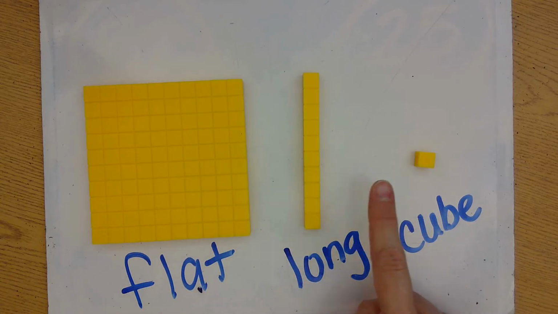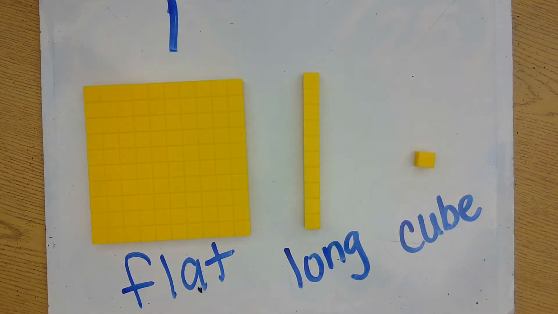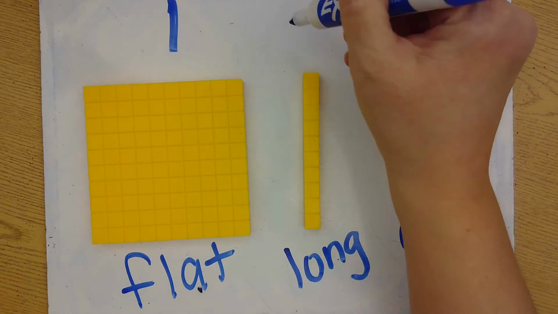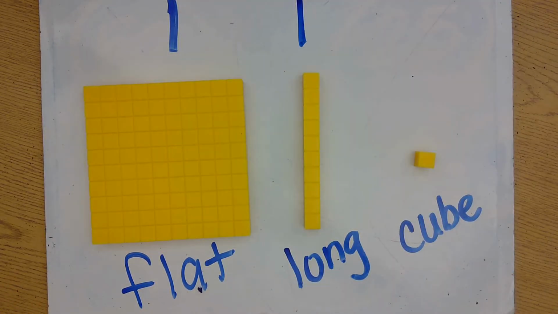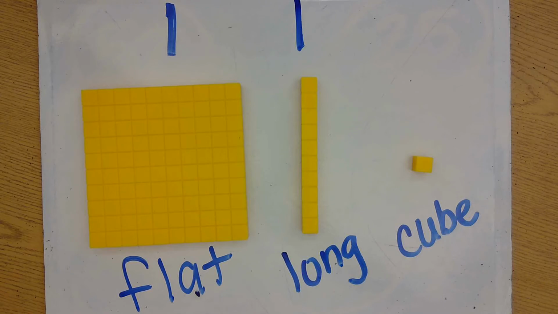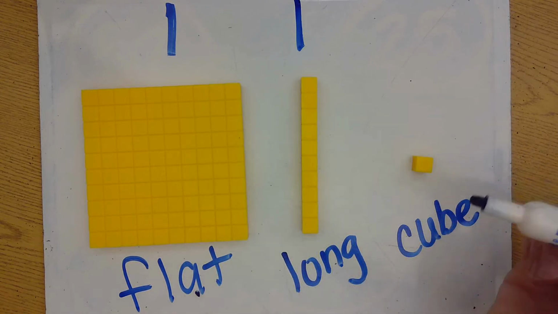So if I were to read how much this is on my board, I would say that I have a 1 in the hundreds place because there is 1 flat on my board. There is 1 long in the tens place. There is 1 group of 10, so I put a 1 in the tens place.